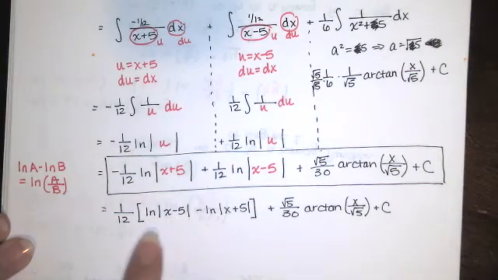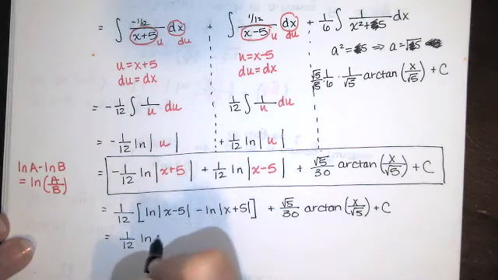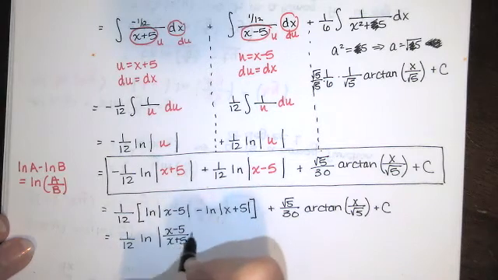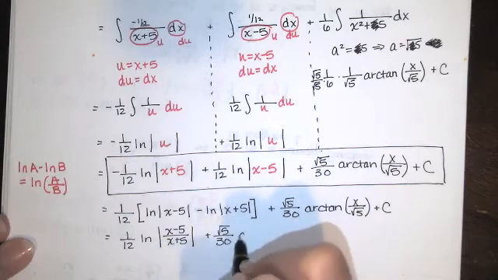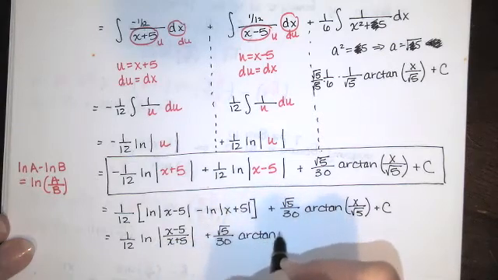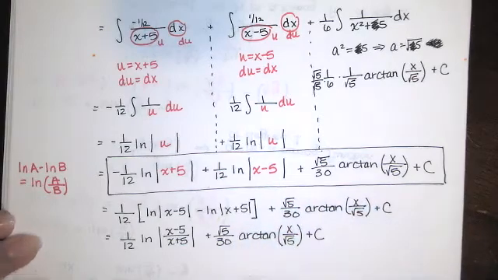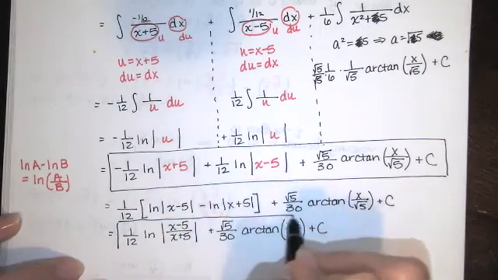So I can rewrite this as a log of this divided by this. So I've got 1/12 times the log of the absolute value of x minus 5 over x plus 5. So that might be a form that WebAssign likes.